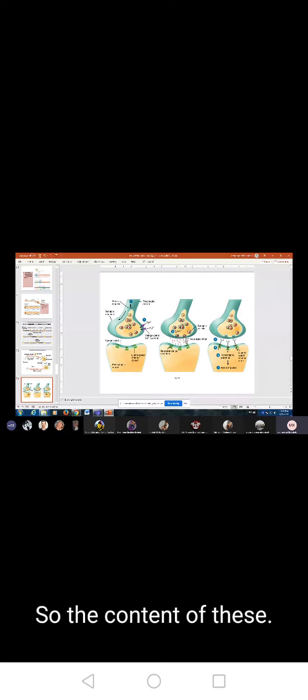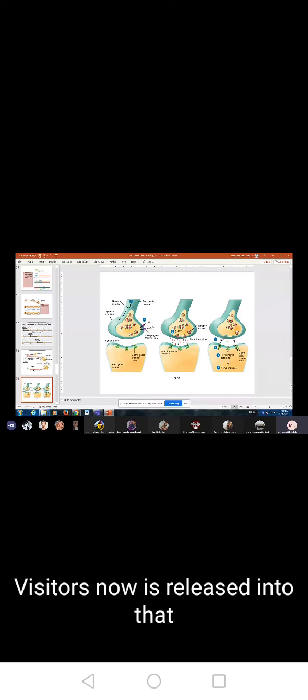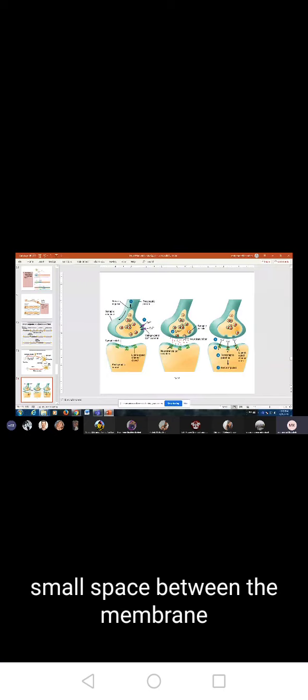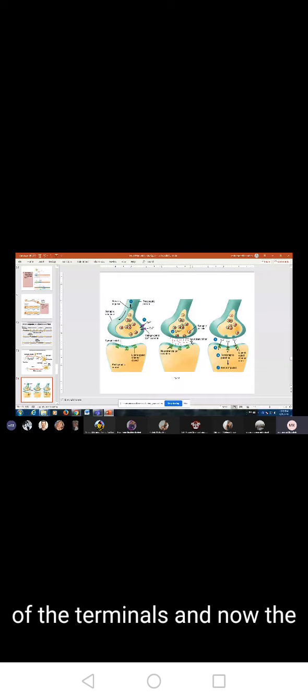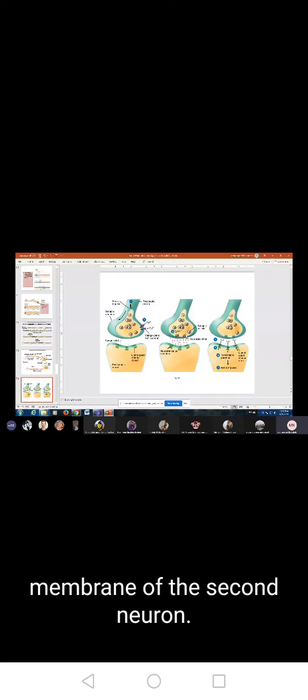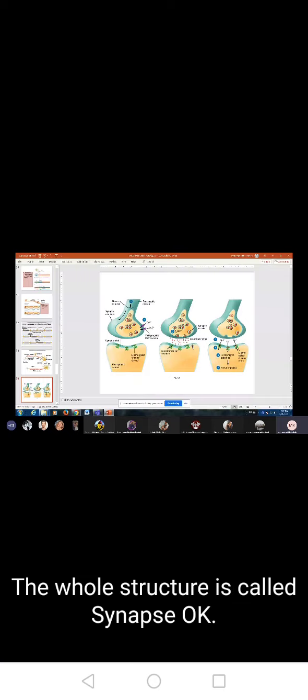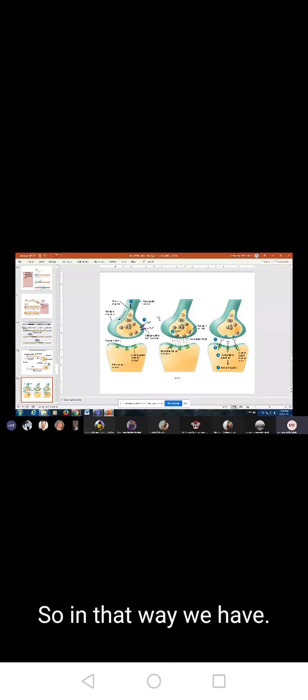So the content of these vesicles is now released into that small space between the membrane of the terminals and the membrane of the second neuron. The whole structure is called synapse.